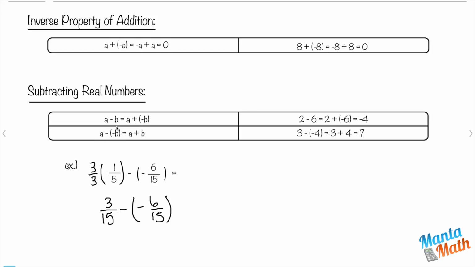Okay, and if you look up here, minus negative is the exact same as plus. And so you can rewrite this as 3/15 plus 6/15, which gives you 9/15. And again, you can simplify this to 3/5.